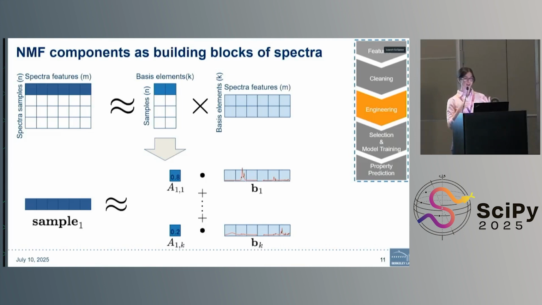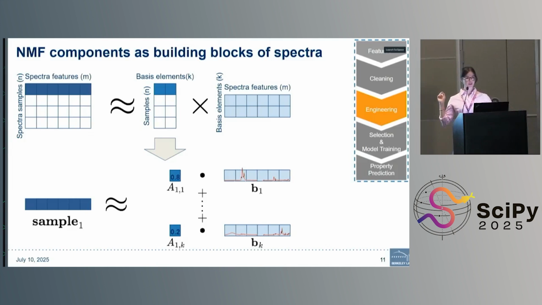And we found that often the basis spectra contained heavily aromatic characteristics in one, or heavily alkene-like characteristics in the other, and so on. So they're grouped by chemical families, which intuitively made sense.